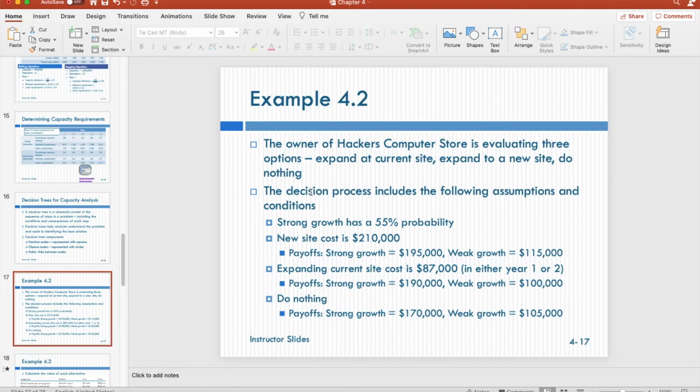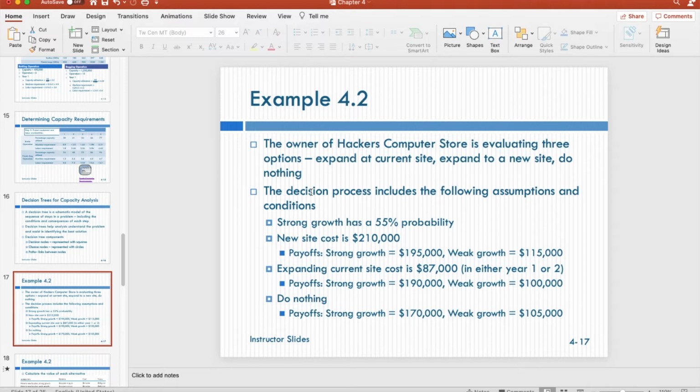So the owner of Hacker's computer store is evaluating three options. Basically, right now, your factory is considering whether we should expand at the current site, expand to a new site, or do nothing. Let's say you are a CEO.